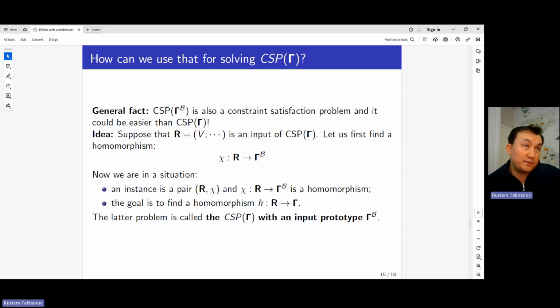CSP with an input prototype is the following problem: we are given a homomorphism from R to some fixed relational structure, but our goal is to find a homomorphism from R to another, a fixed template. So here we are given a homomorphism from R to gamma superscript B, and our goal is to find a homomorphism from R to gamma. And it turns out that this problem could sometimes be easier than CSP gamma.